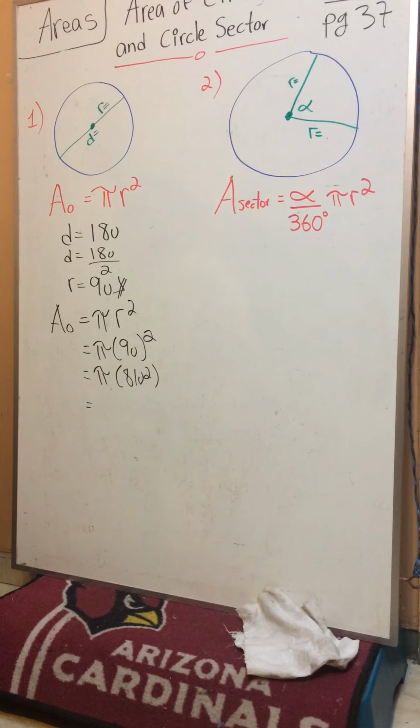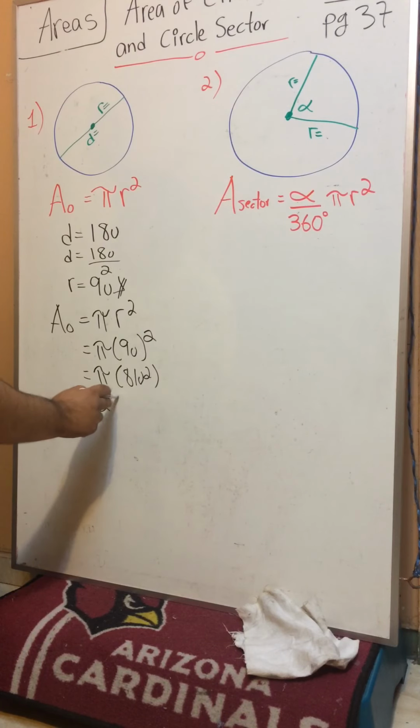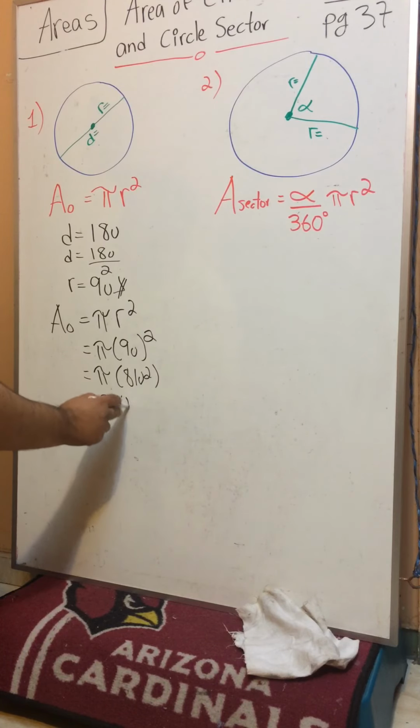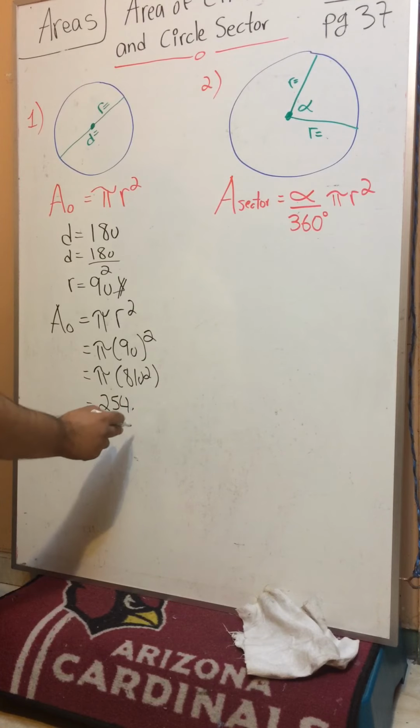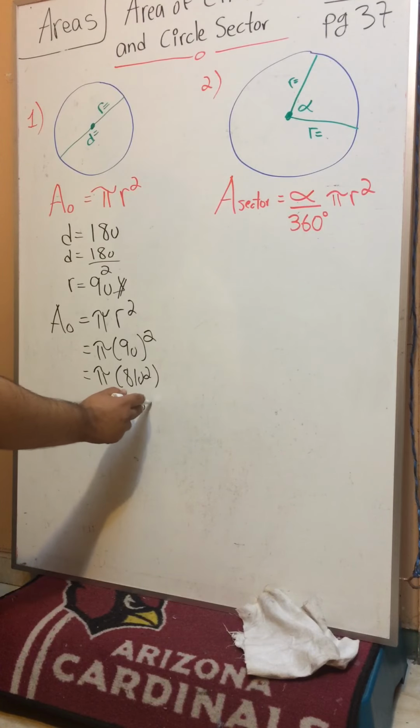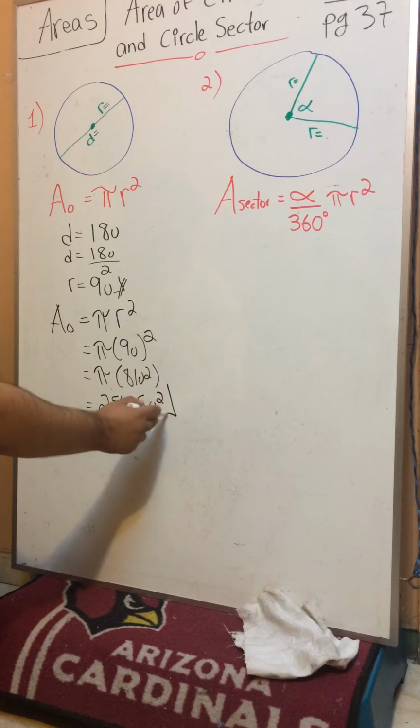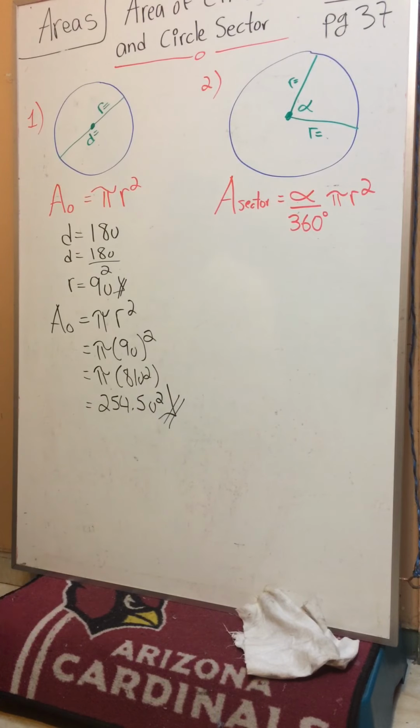And 81 times the 3.14 value of pi is going to be 254.5 units squared. And that's where we get the area.